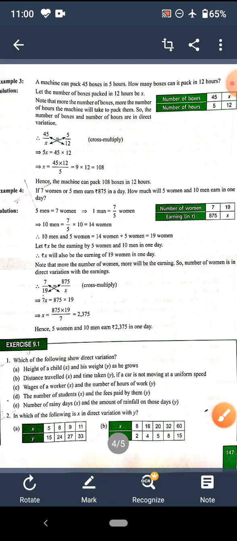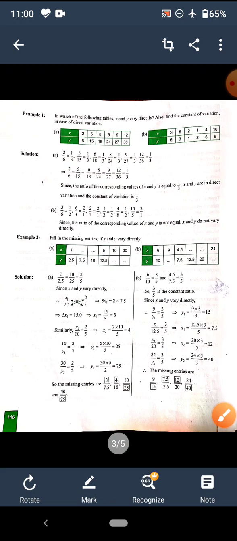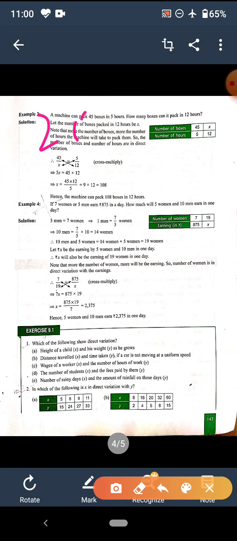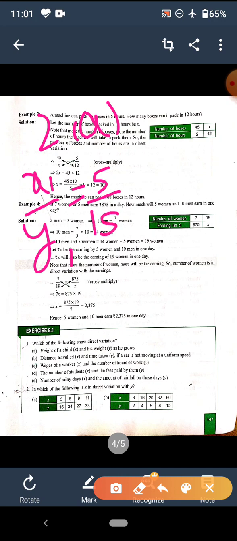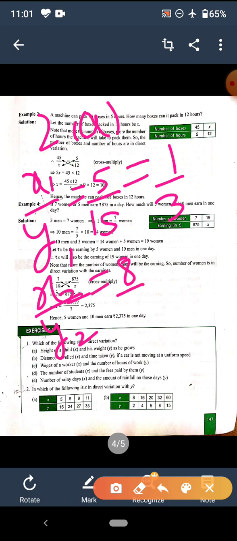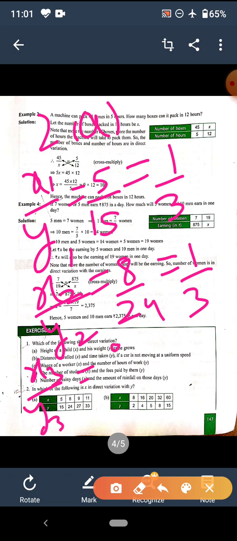So let's check part (a). Firstly take x1 upon y1. So what you get? 5 upon 15, so it is 1 upon 3. Then x2 upon y2, that is 8 upon 24, so it is 1 upon 3. Then x3 upon y3, that is 9 upon 27, that is 1 upon 3.